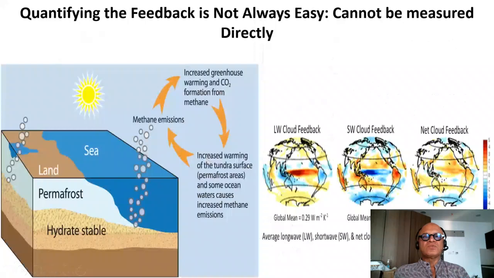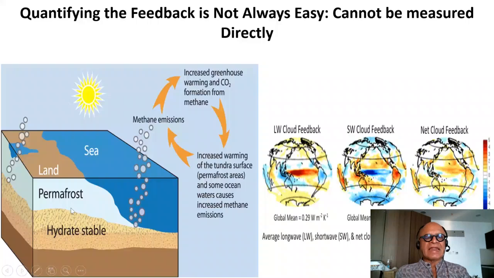Okay, so it's kind of a heuristic argument at this point, but let me just close this podcast by reminding ourselves that quantifying the feedbacks is not always easy at all, and measuring them directly is also almost impossible. Okay, think of things like ocean uptake.